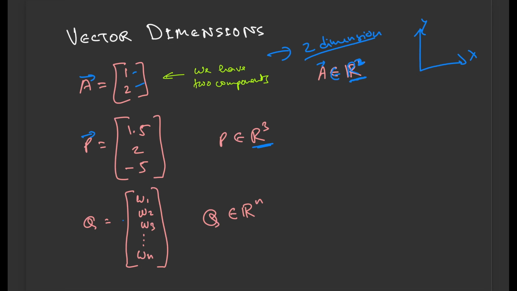And similarly, we can have n number of dimensions. So here is a vector Q which has n dimensions. So we have components from W1, W2, W3 till Wn. That means we are having n number of dimensions. So you can say Q belongs to Rn, where n is a number and n is the dimension.